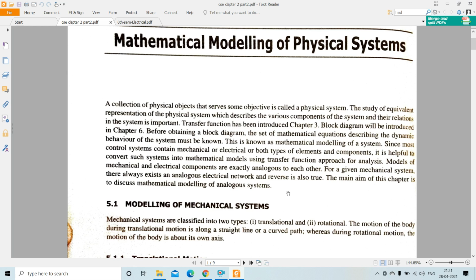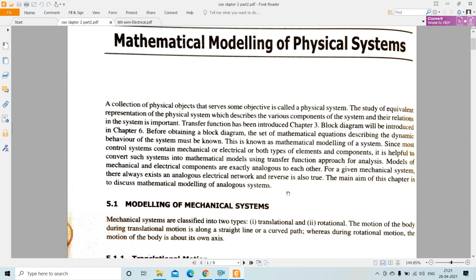Okay, so see, in control systems, most of the systems contain mechanical or electrical or both types of elements and equipment. So it is helpful to convert such systems into a mathematical model using the transfer function approach. Okay, so models of mechanical and electrical components are exactly analogous to each other.